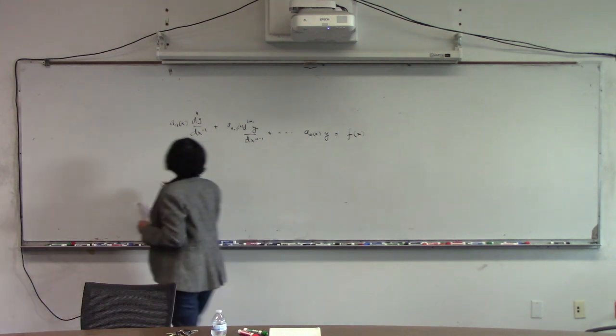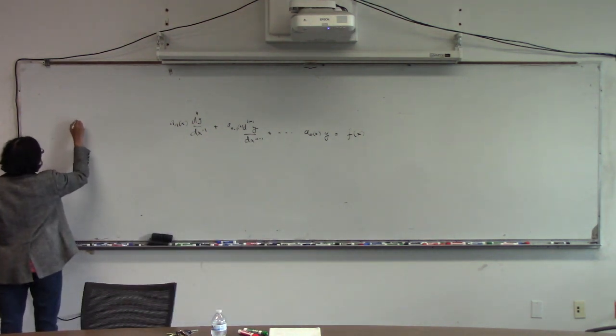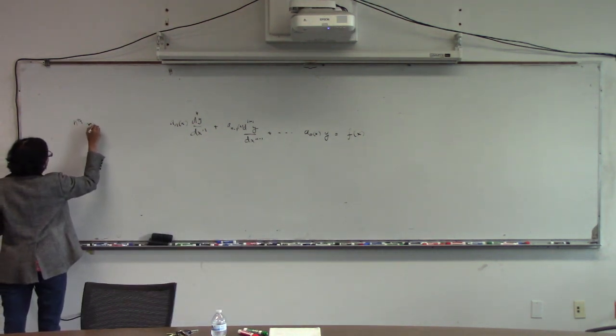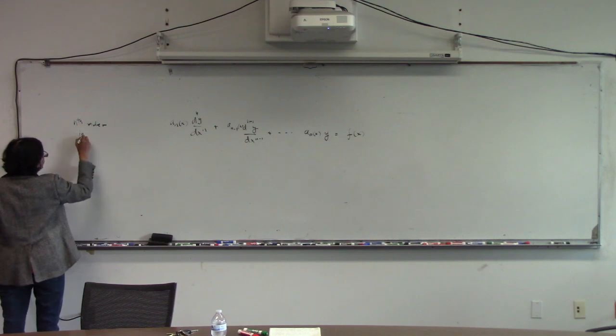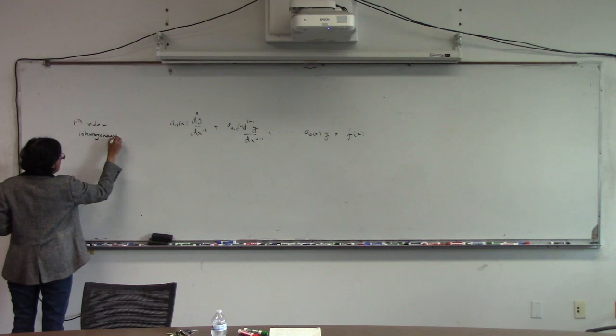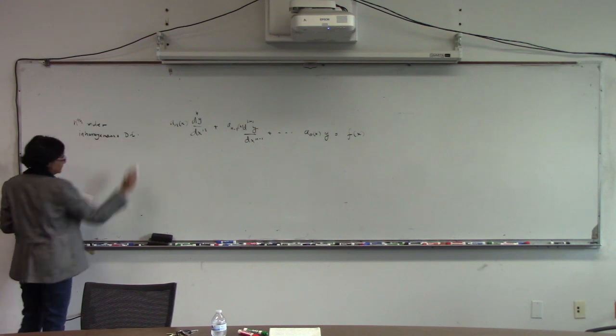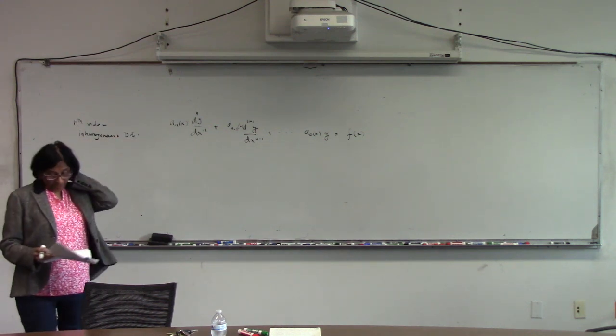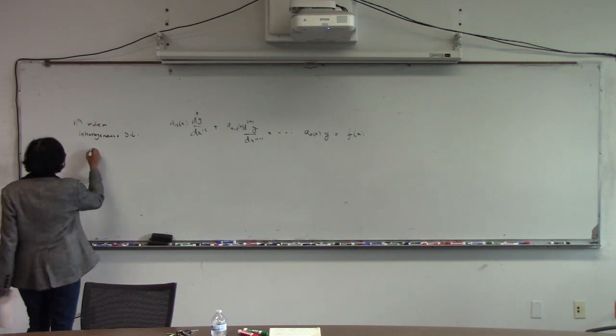So that is nth order inhomogeneous differential equation. Okay, the right hand side f of x is not equal to 0, so it is inhomogeneous.